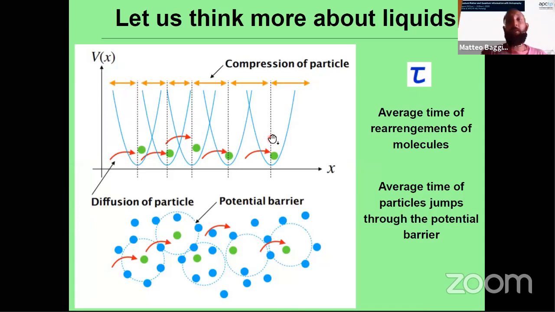Now let's think a bit more about liquids. So what is actually a liquid? A liquid is a collection of particles, of molecules if you like, that move, and they move in two different ways. Let's start, first of all, from the description in terms of the real physical space-time, the real liquid.